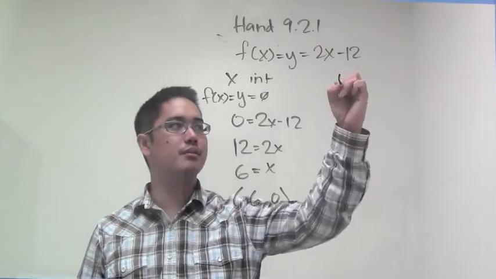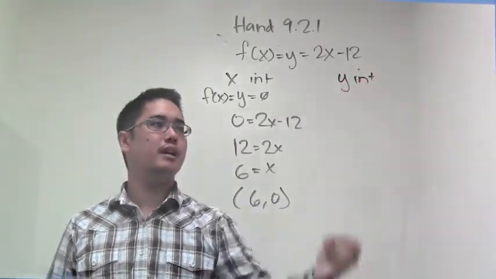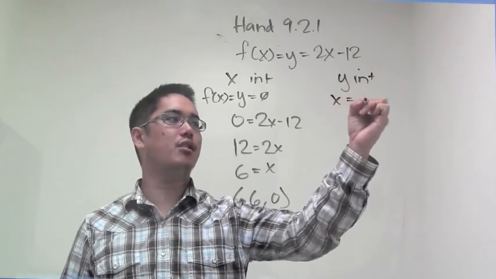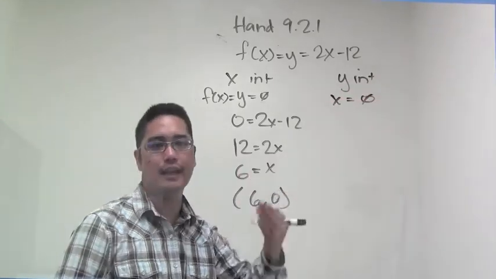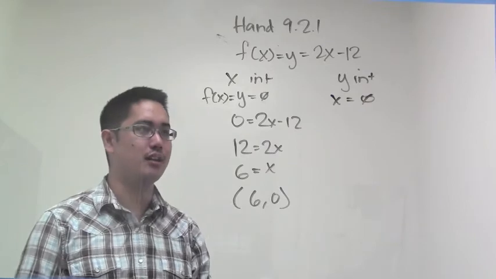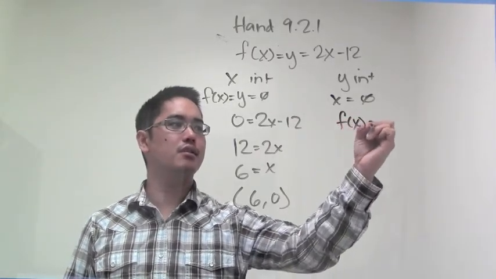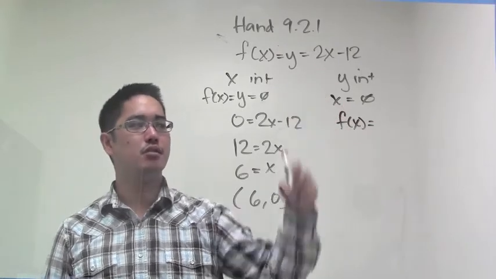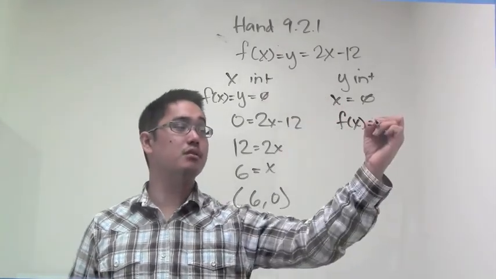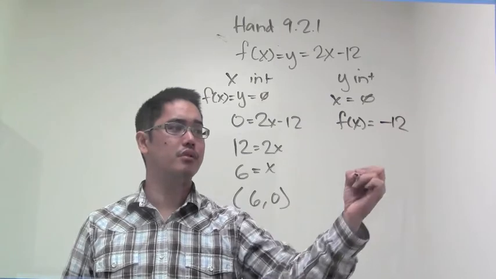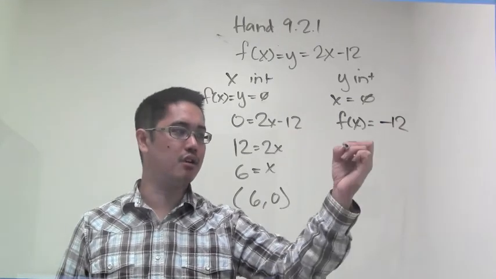All right, let's do it for the y-intercept. The y-intercept has x always equal to 0 because it's talking about the y-intercept. We covered this concept. So all you do is say, all right, well, f of x is equal to, you just plug in x equals 0 into the equation. So it's 2 times 0 minus 12. Oh, that's pretty simple. You don't even need to solve for anything.